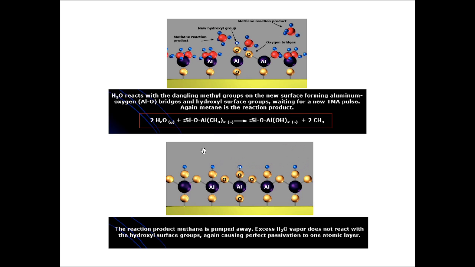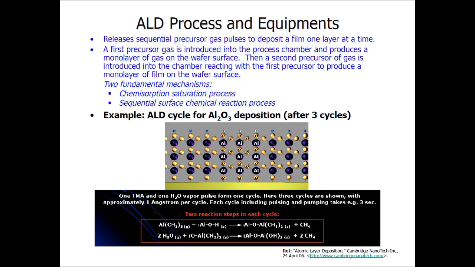The reaction product methane is pumped away by the gas flow cycle, and the excess vapors do not react with the hydroxyl surface group, giving a perfect passivation. One atomic layer of aluminum oxide is obtained through that process.